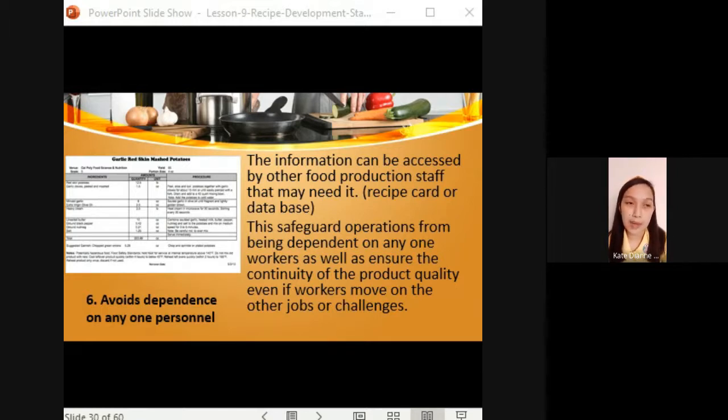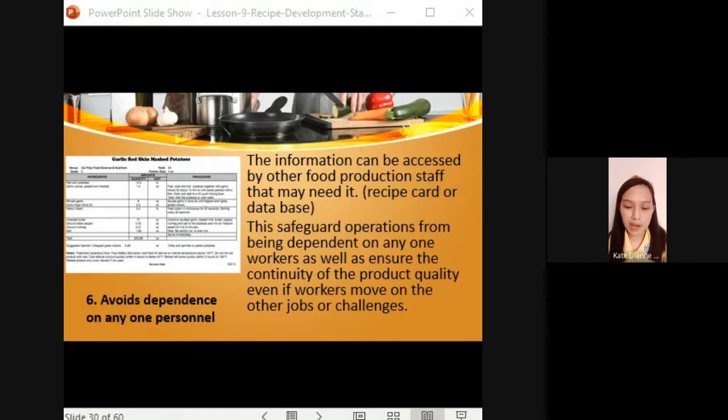Katulad ng mga tauhan niya, SpongeBob, and then ni Squidward. So, alam nila kung paano gawin yung patties nila or yung burger nila. Hindi lang si Mr. Crab or hindi lang yung nag-imbento nung recipe na yon ang may alam, kundi lahat ng nasa production. So, ayun nga, this avoids dependence on any one personnel.